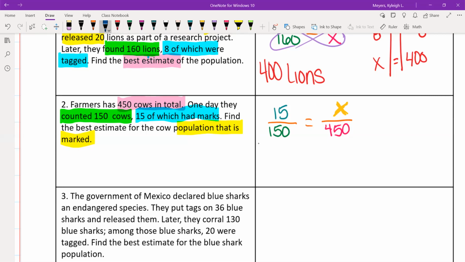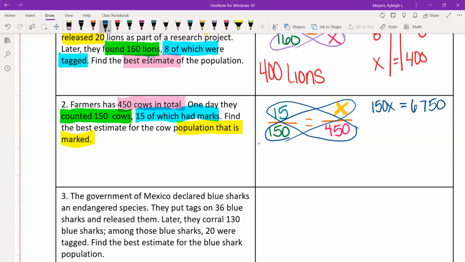Again, we cross multiply: 150 times X, 15 times 450. So 150 times X is 150X. Now do in your calculator 15 times 450, and you should get 6,750.